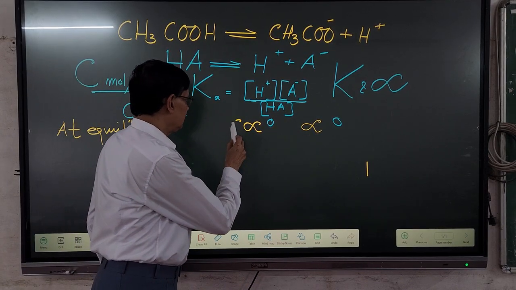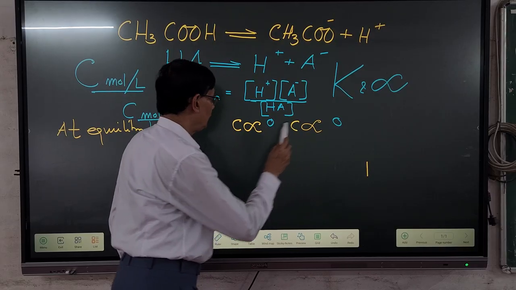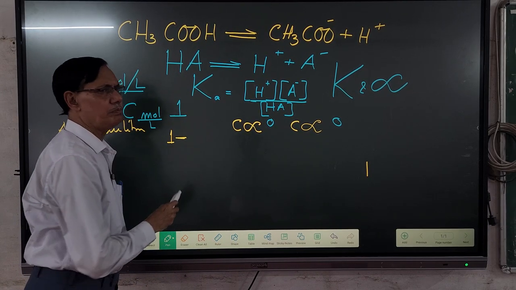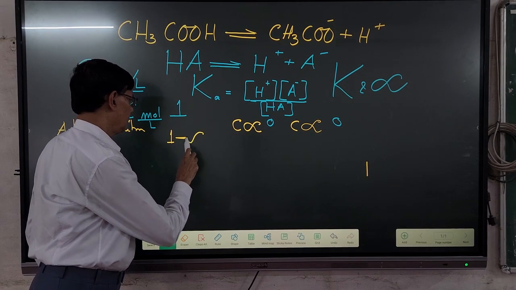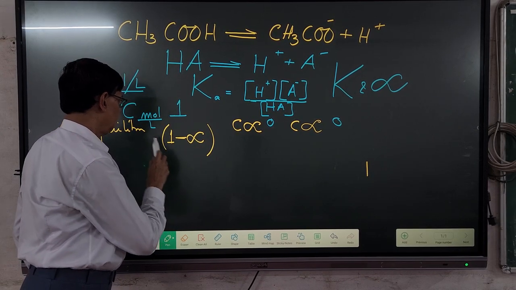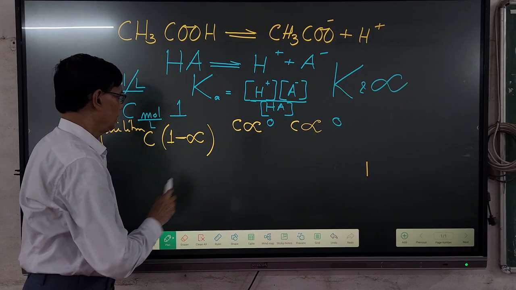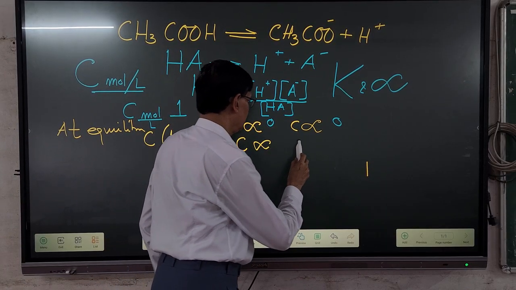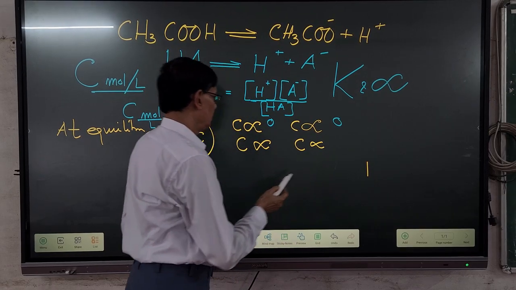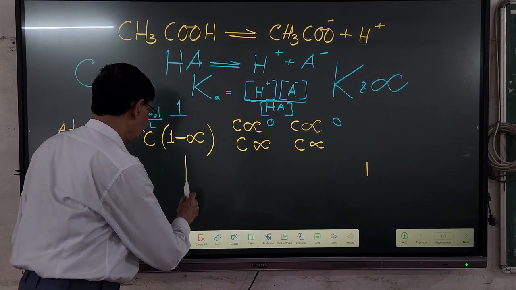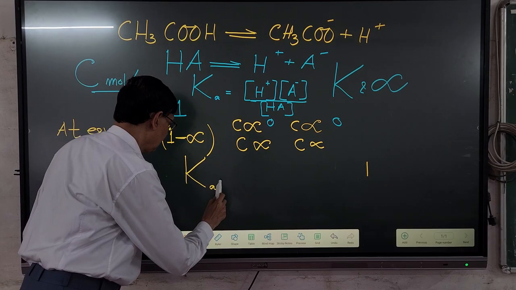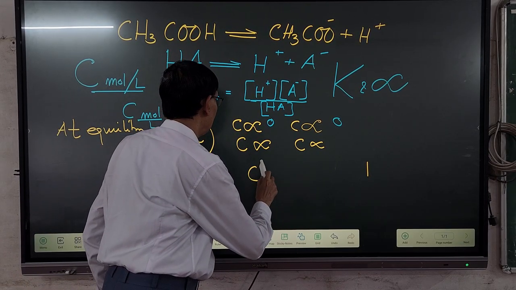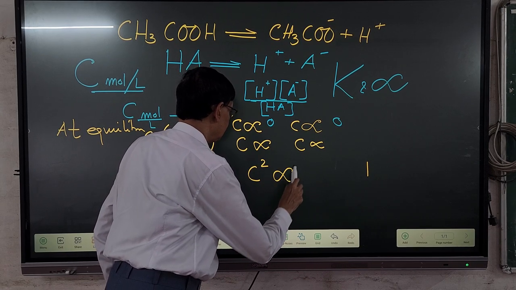Because the concentration is C, so you can write like that. So at equilibrium, it is 1 minus alpha, very, very simple, concentration is C, like that. And it is C alpha. C alpha. So, a very school level derivation, K is equal to, you know, C square alpha square.